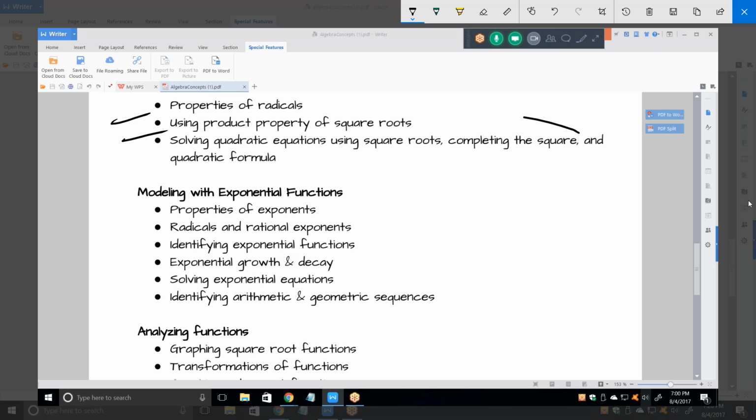The tough one is this one right here, completing the square. We've got about 10 minutes. We can kind of get started here. Let me give you an equation.